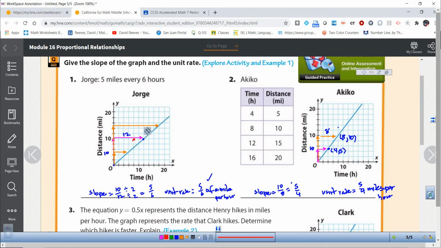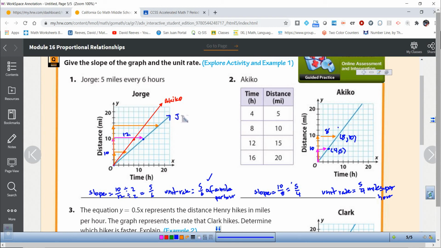All right, I'm going to go ahead and draw Akiko's line on that same graph. And then you can see, right? Okay, the red one is Akiko. No, I'm not making fun of Akiko's name. It's just fun to say. Akiko is going at a faster rate than Jorge, right?